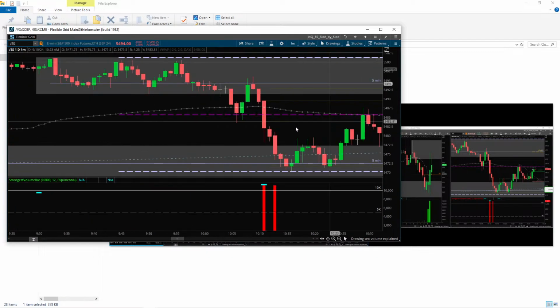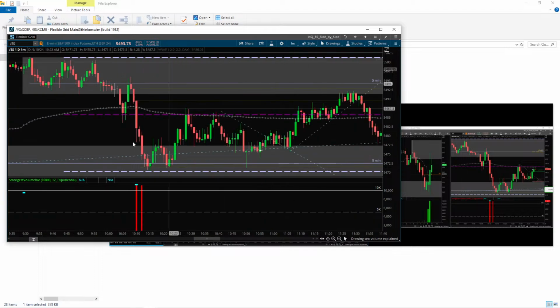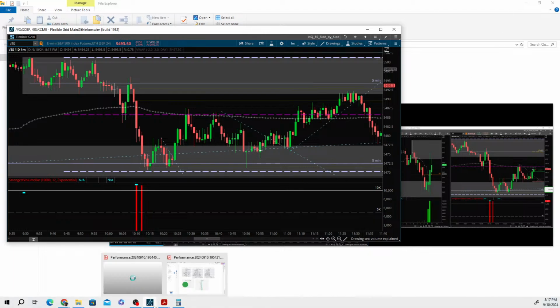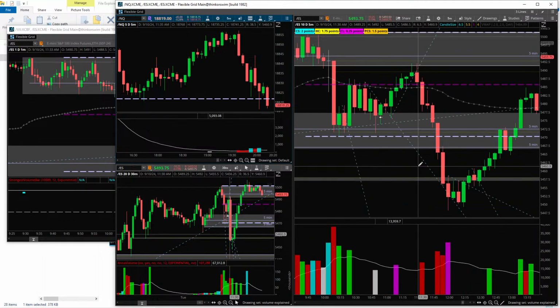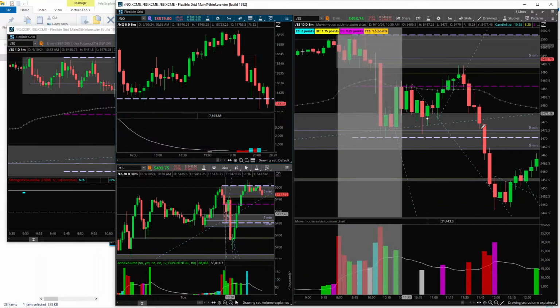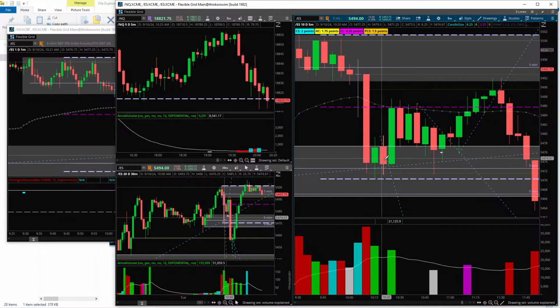So price dropped, pulled up. I said, oh wow, nice pullback here. Let's go into the 5-minute and see what that looks like. So that would just be this pullback here, right?